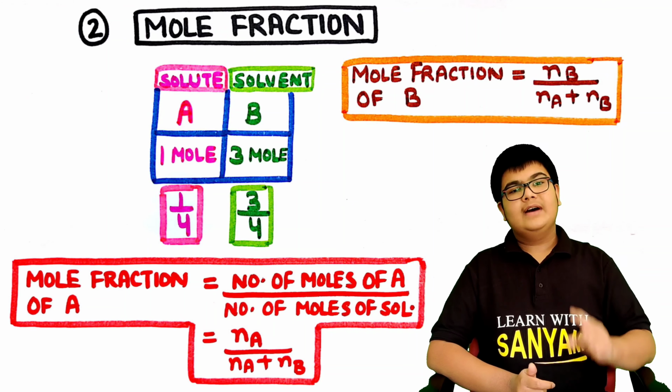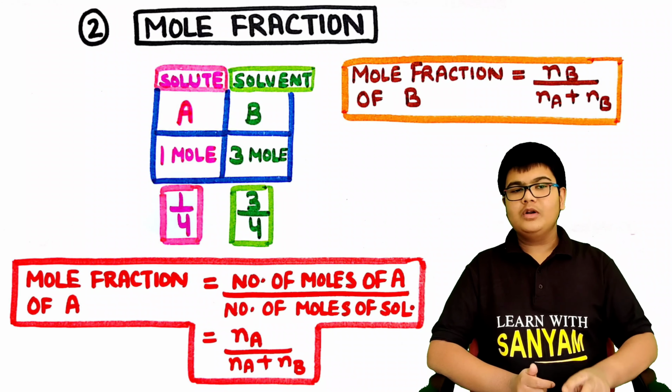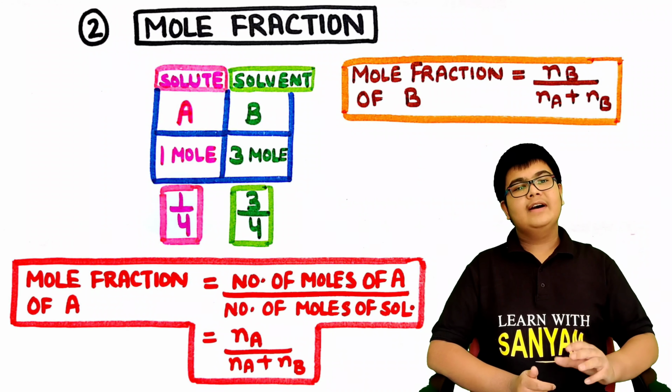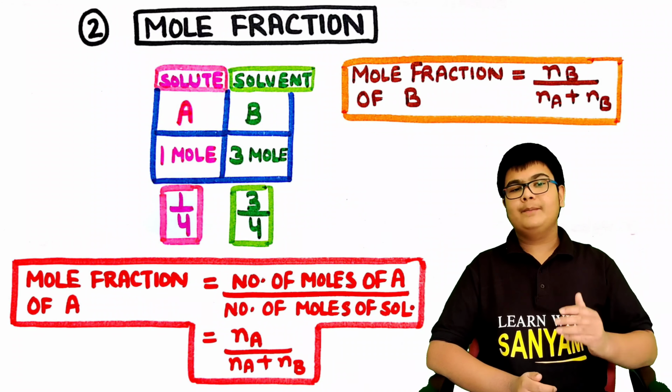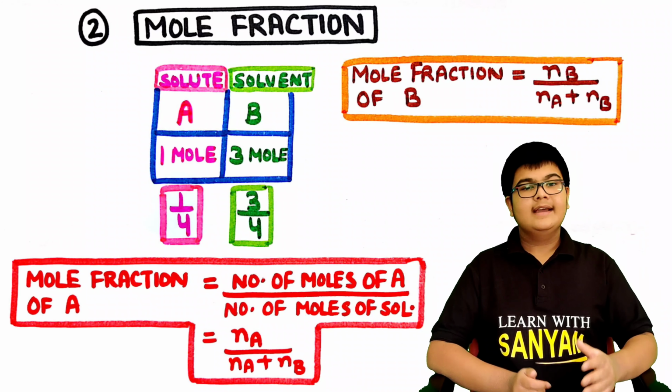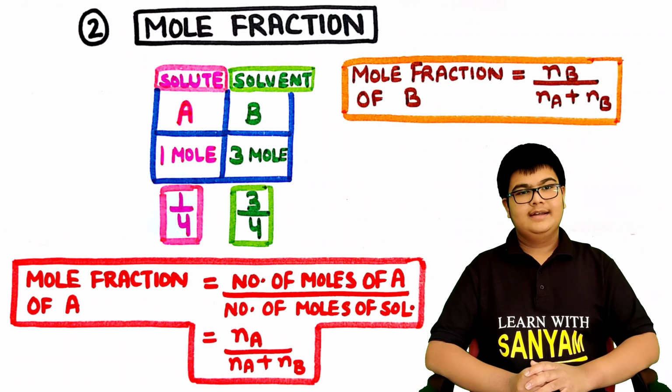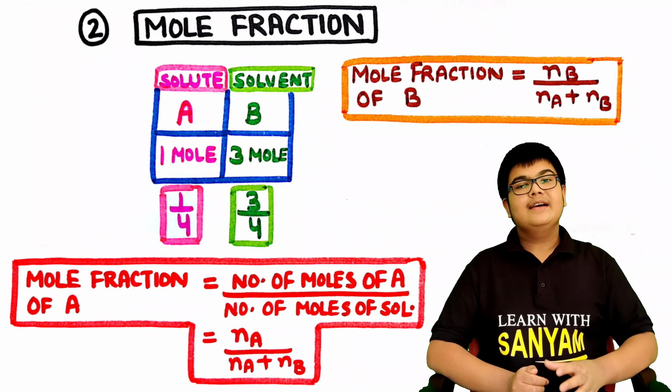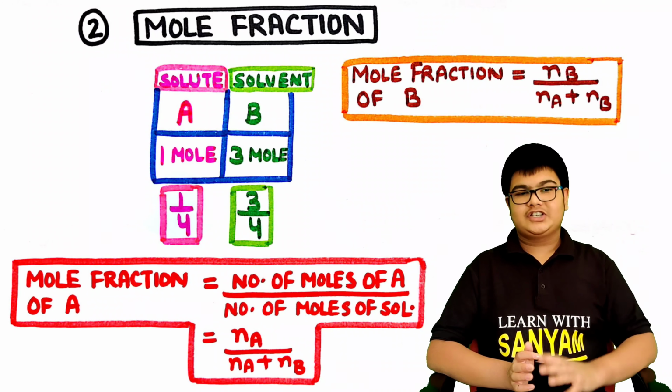As there is 1 mole of A and total moles are 4, mole fraction will become 1 upon 4. Similarly for B, it will become 3 upon 4 as there are 3 moles of B and total moles are 4.